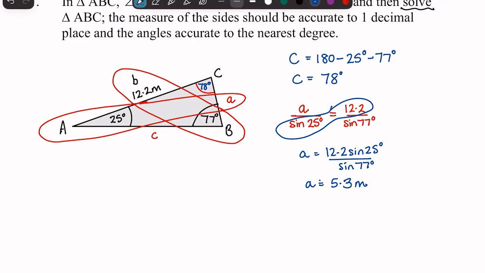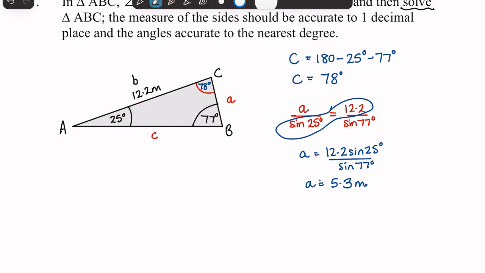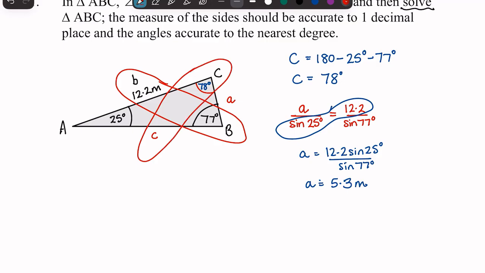Okay, now for the next one, for side length c, we can again draw our little carrots around our known values, B and b. And this time we're going to use C and c, starting with the unknown. And the unknown in this case is little c.